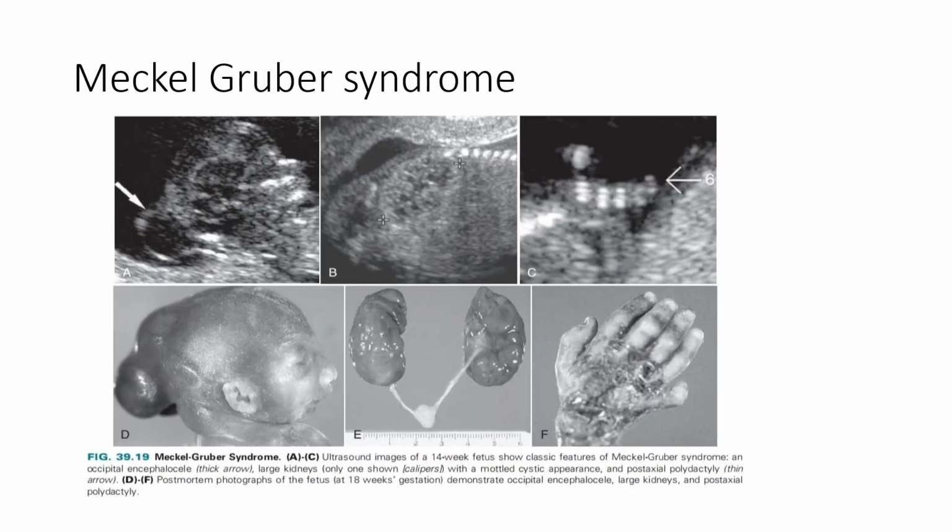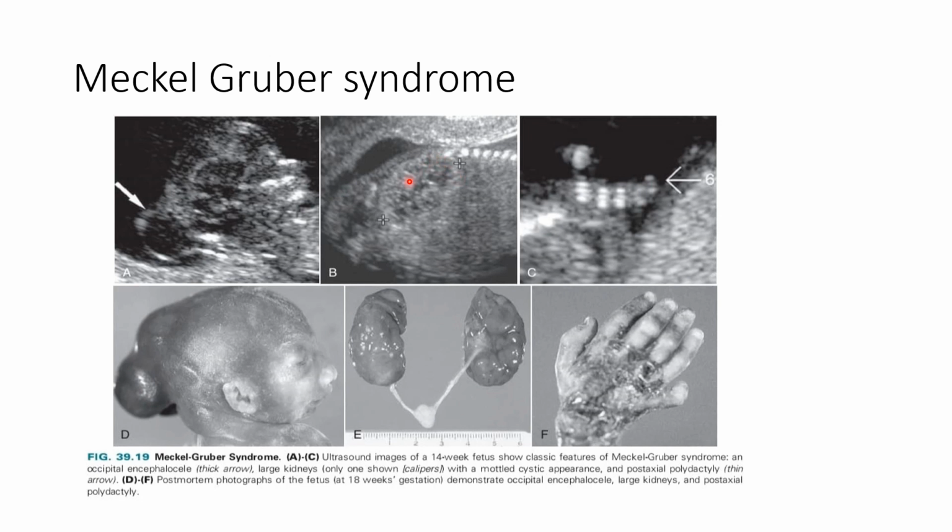Meckel-Gruber syndrome is usually associated with occipital encephalocele. In this first image, the ultrasound shows the occipital encephalocele. On the gross image, we can see the occipital encephalocele. These are the kidneys.